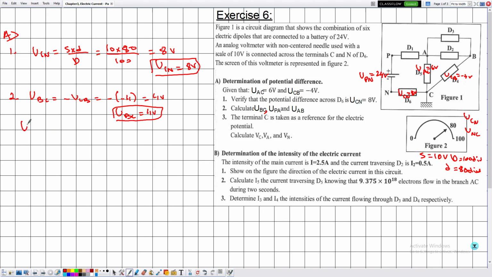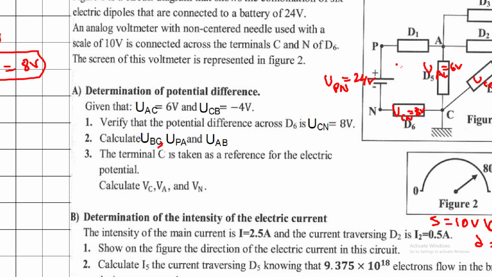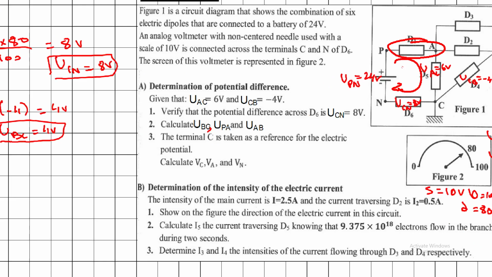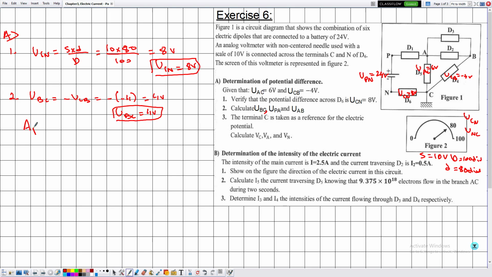Now as for the voltage UPA, this can be determined by using the law of addition of voltages. So notice that if you consider this loop, then the only unknown is given by UPA, then apply the law of addition of voltages.